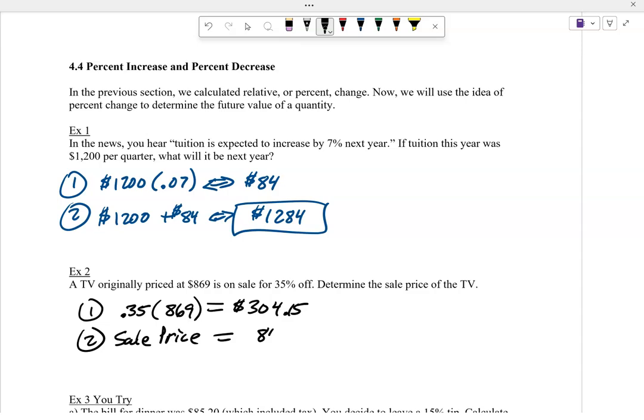Well, originally it was $869, but I get 35% off of that, which we know was $304.15. So it looks like we get this TV for $564.85 after the 35% off sale.